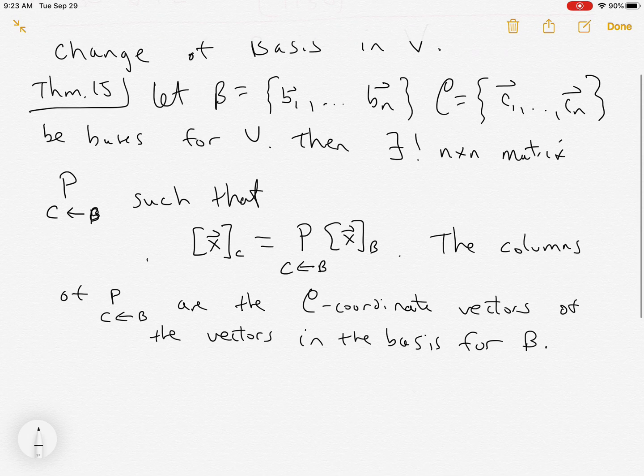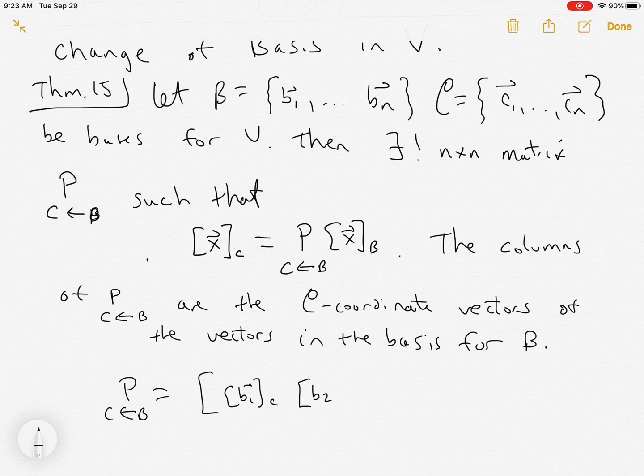So in other words, P in matrix form is [B1]_C, [B2]_C, dot dot dot, [Bn]_C.